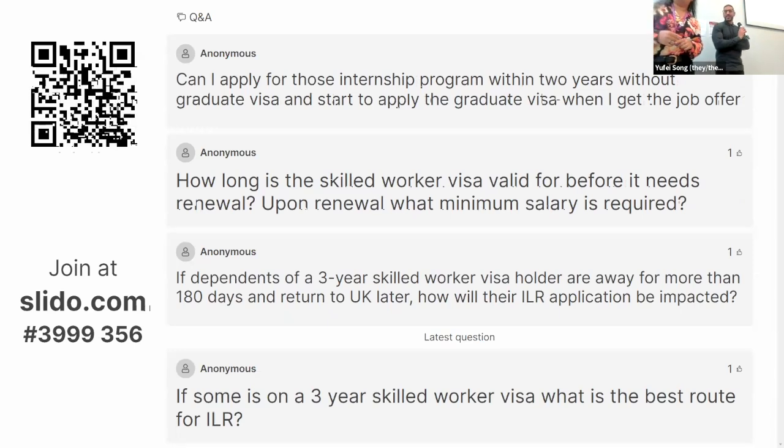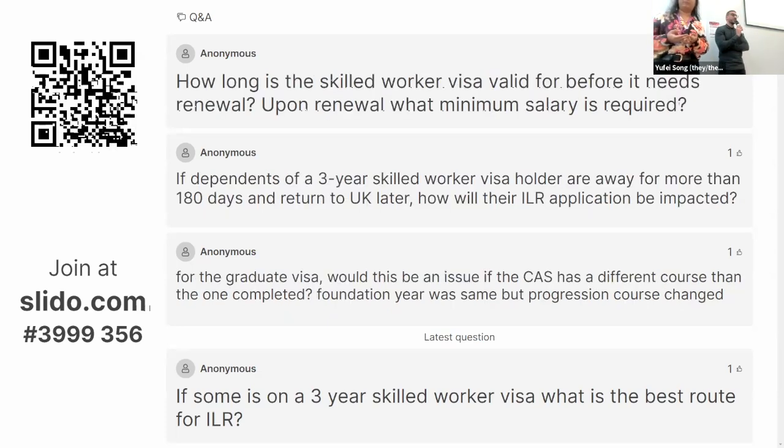All right, so we've answered that, and then we can take the second one here. How long is a skilled worker visa valid for before it needs renewal? And upon renewal, what minimum salary is required? So it's a two-part question. The skilled worker visa usually lasts 3 years or 5 years.